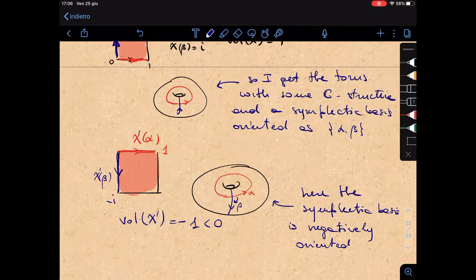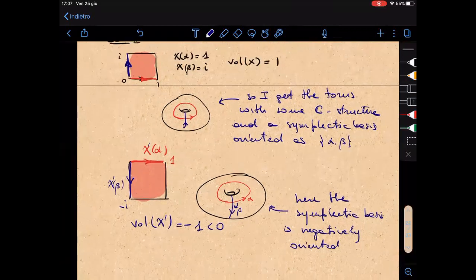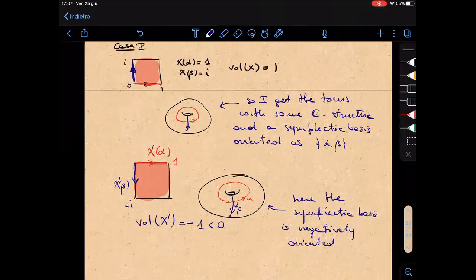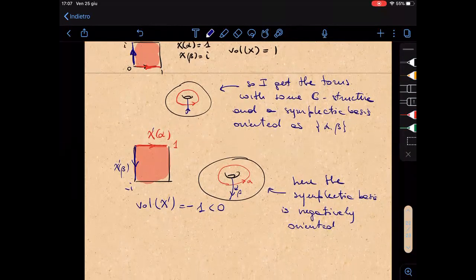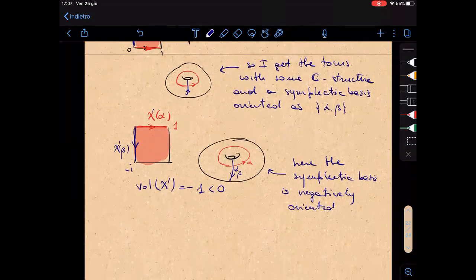On C there are two complex structures: one is the standard one, so that 1 and i is a positive basis, and the other is when 1 and minus i is a positive basis. And so depending on which complex structure you choose, the volume is positive or negative. This volume basically reflects the fact that on C there are two complex structures. Okay, so this is what happens for closed surfaces.